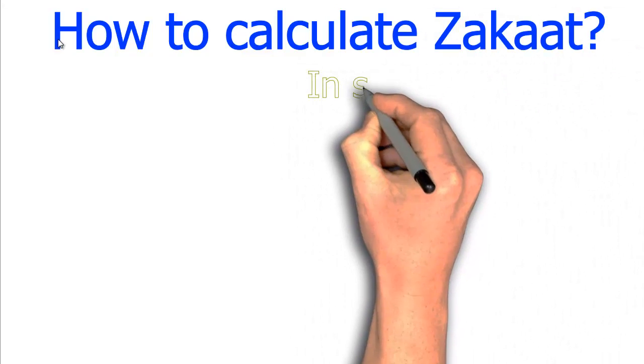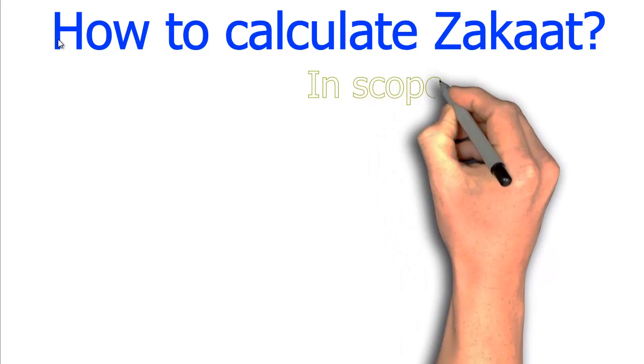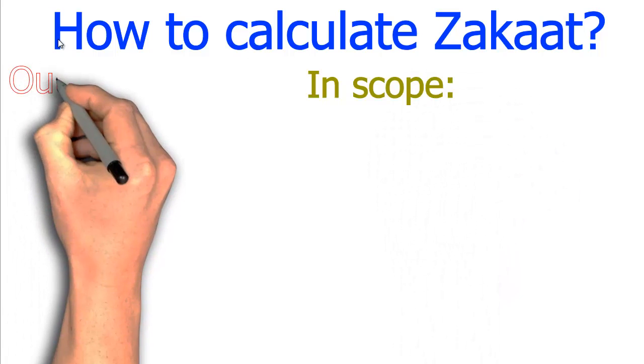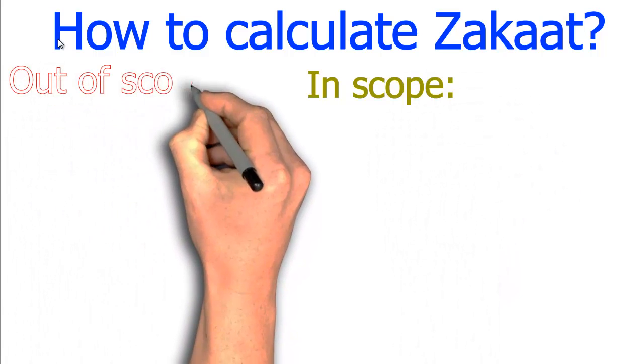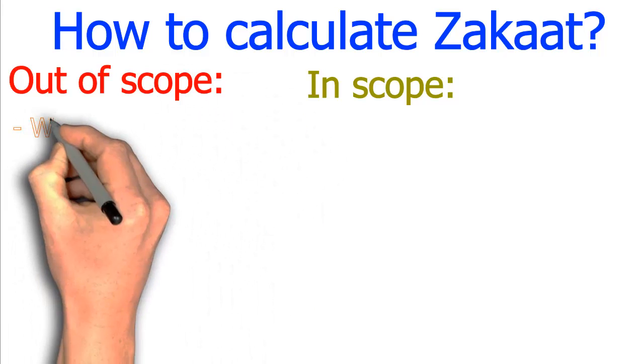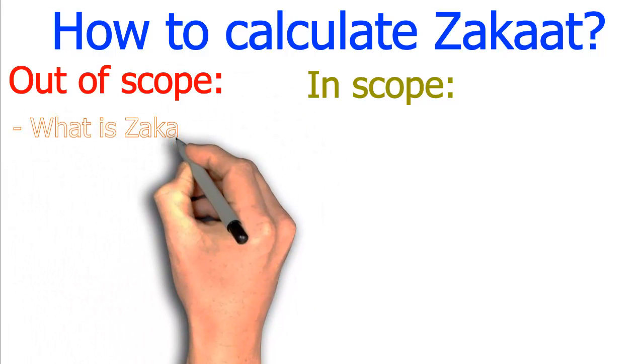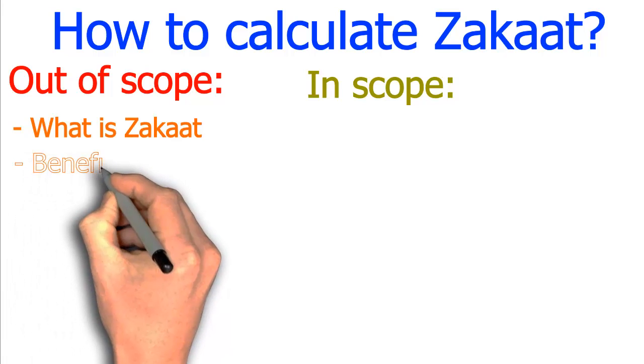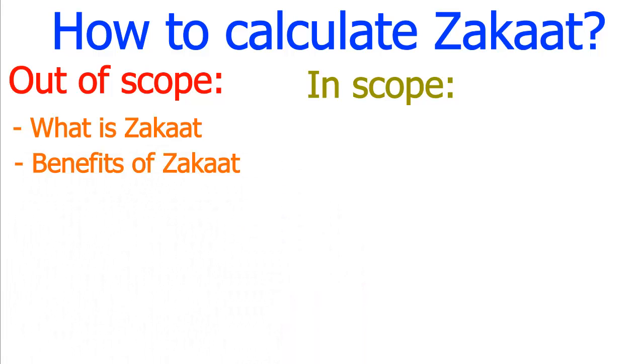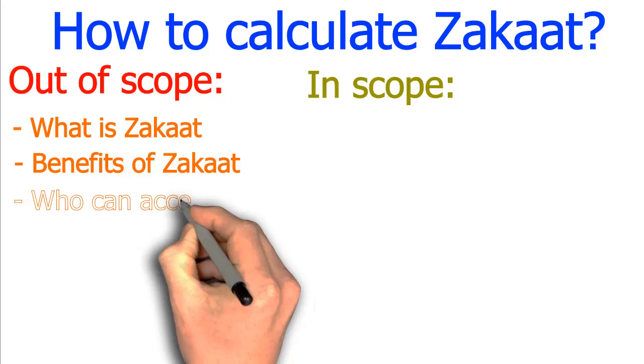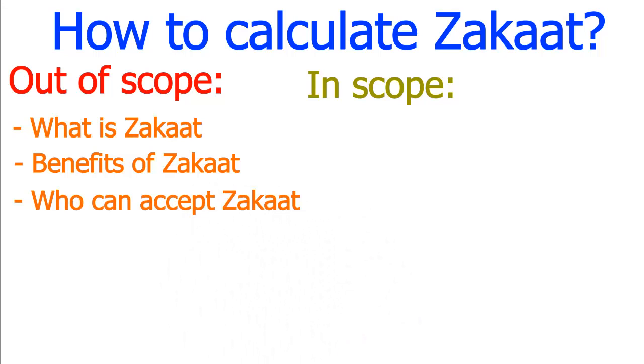So just before we get into it, let's talk about what's in scope for the video and what is out of scope. In this video I will not be talking about the basics of zakat, what zakat basically is. I won't talk about the benefits of zakat either, and I won't discuss who can accept zakat.